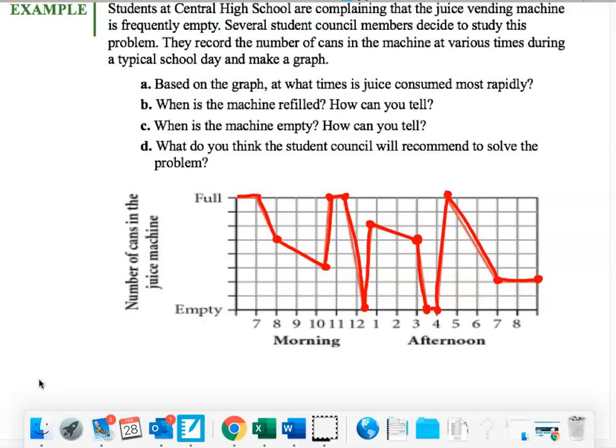All right, good. When is the machine refilled? Just tell me the start times of when it's refilled. 10:30, 4, 12:30, and sometime in the night. Yes, very good. So, how do you know that it's being refilled? Because the graph's going up, right? The only way for the number of cans in the machine to increase is if someone is refilling the machine.